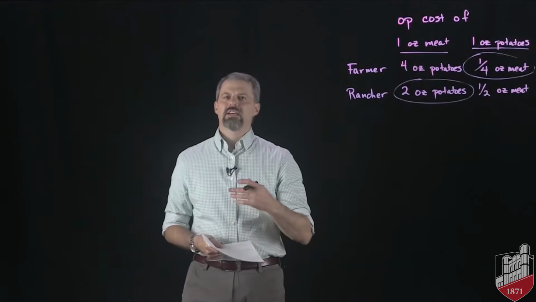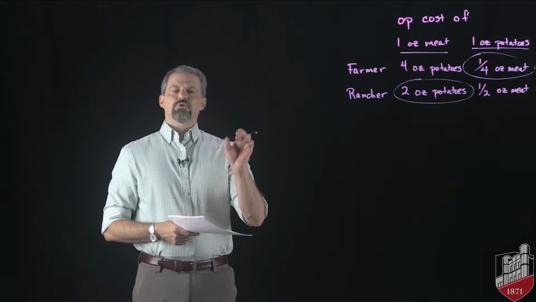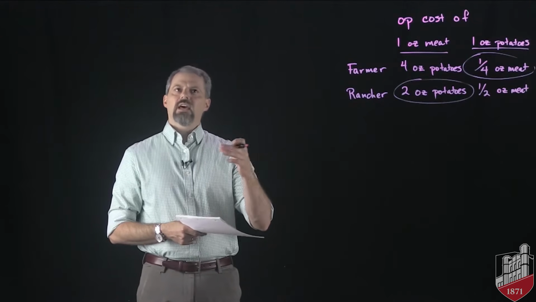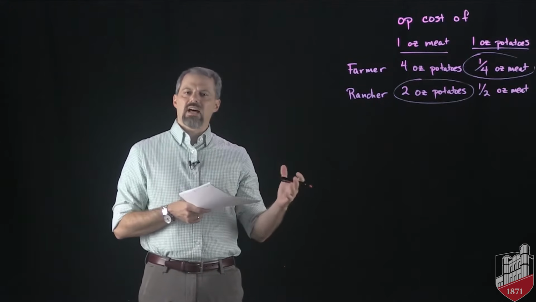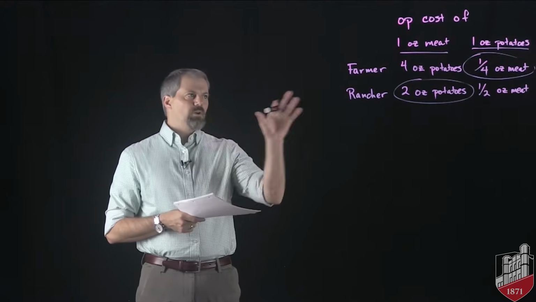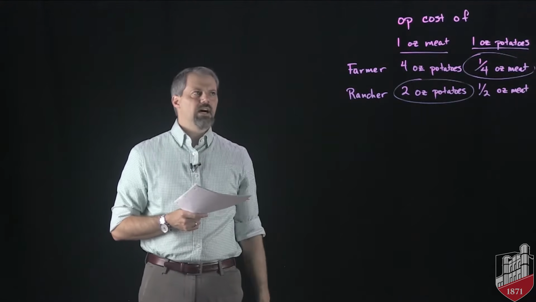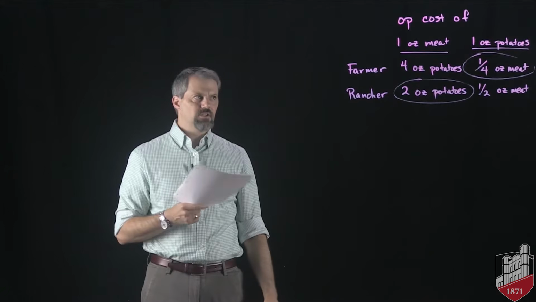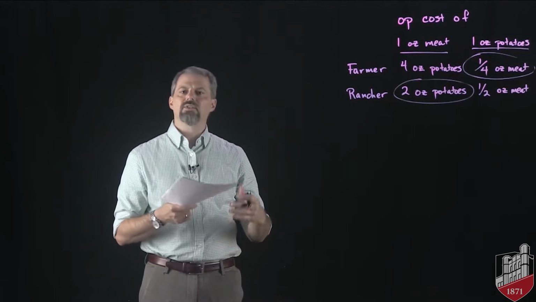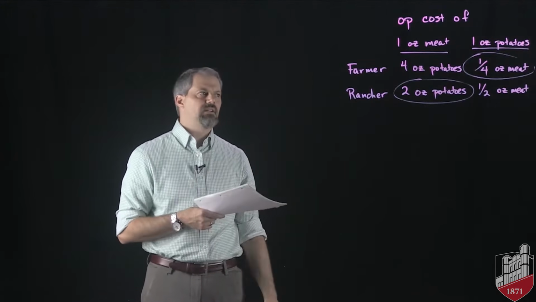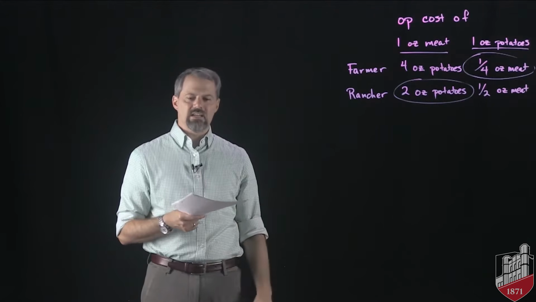Okay, so let's think about the trade that the rancher proposed and think about the price that's implied by that trade. And we're going to use this table that we've got of the opportunity costs of each of the goods for each person to help us understand why that trade created the gains.